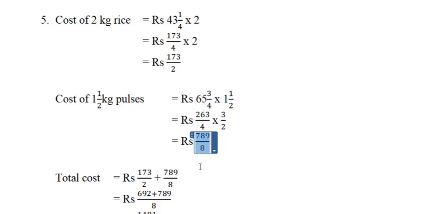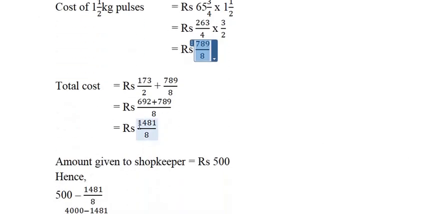We have to solve, so we have to take out the LCM also. So it's better you keep it in the form of improper fractions. At the end, you can convert them into mixed fractions. So the total cost is 1481 by 8.